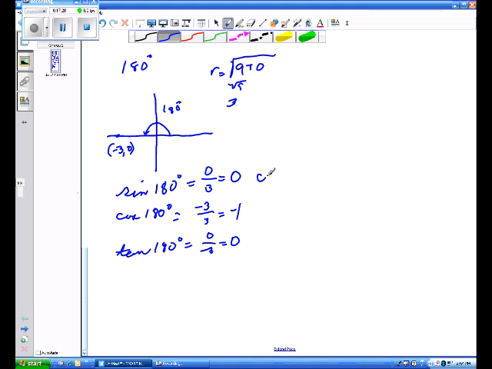Now if we go and we find the cosecant of 180 degrees, that's r over y. Well, division by 0 is undefined.